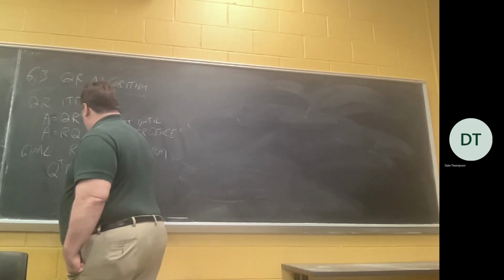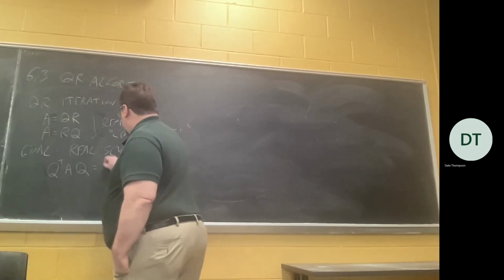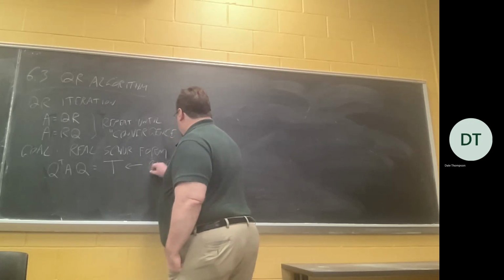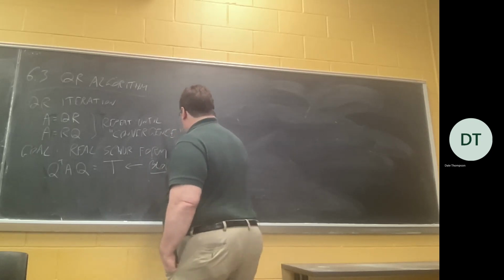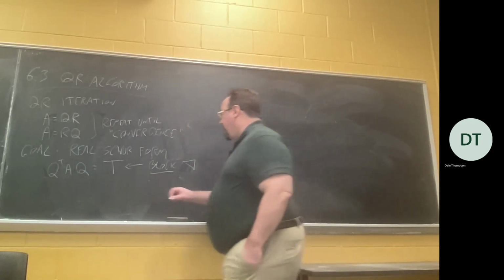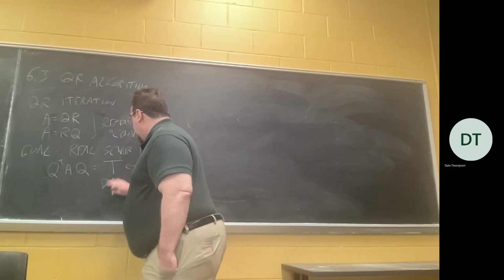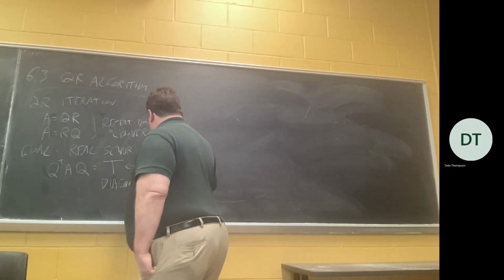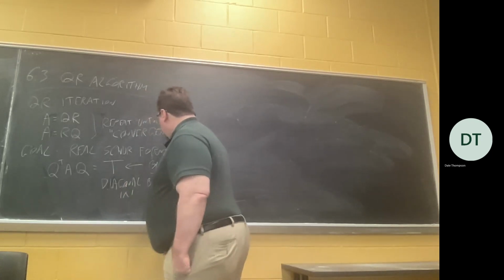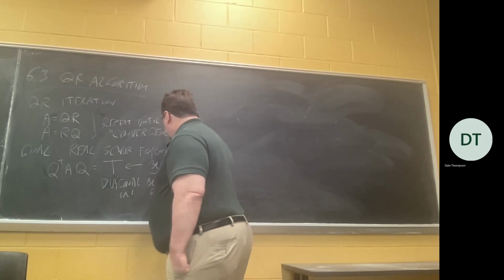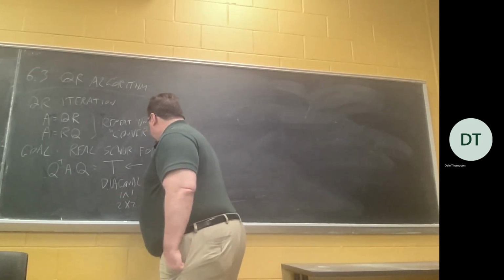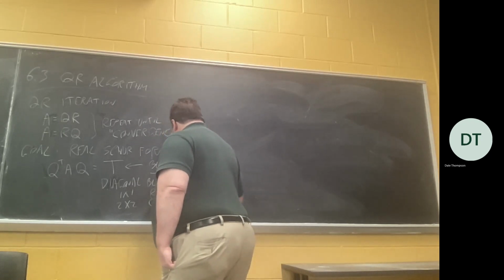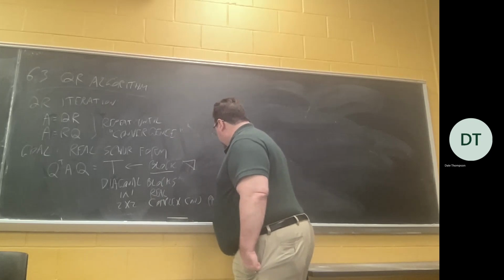Q transpose AQ is equal to some matrix T, where T is block upper triangular, and the diagonal blocks are 1 by 1 for real eigenvalues, and 2 by 2 for complex conjugate pairs.